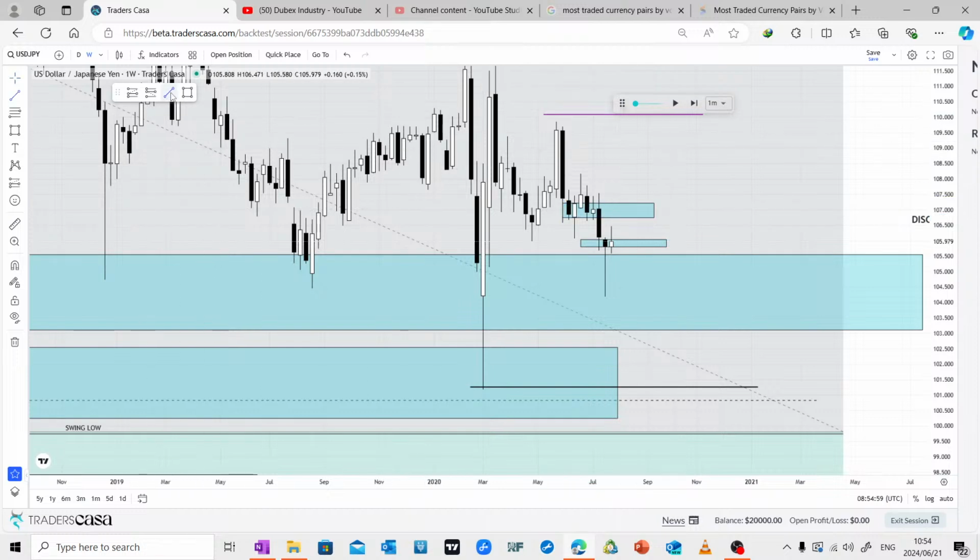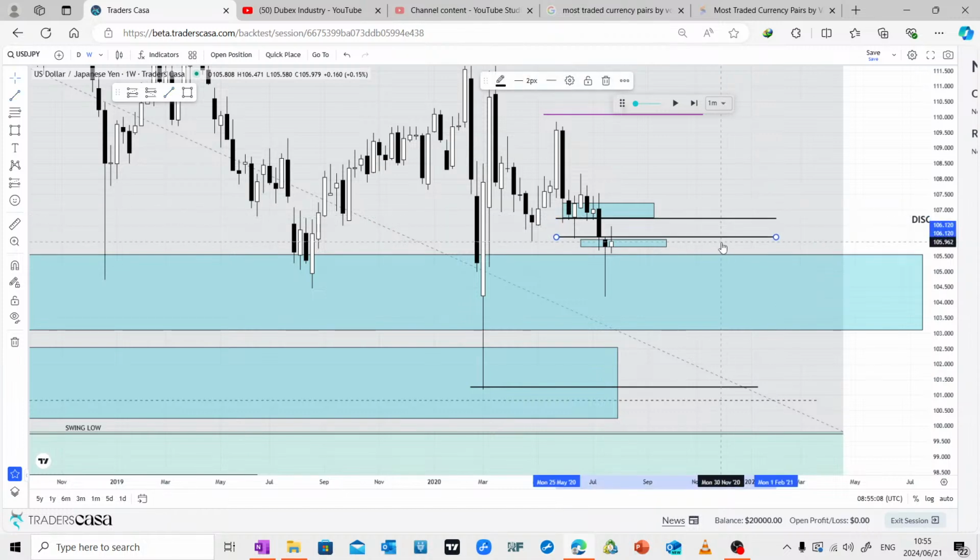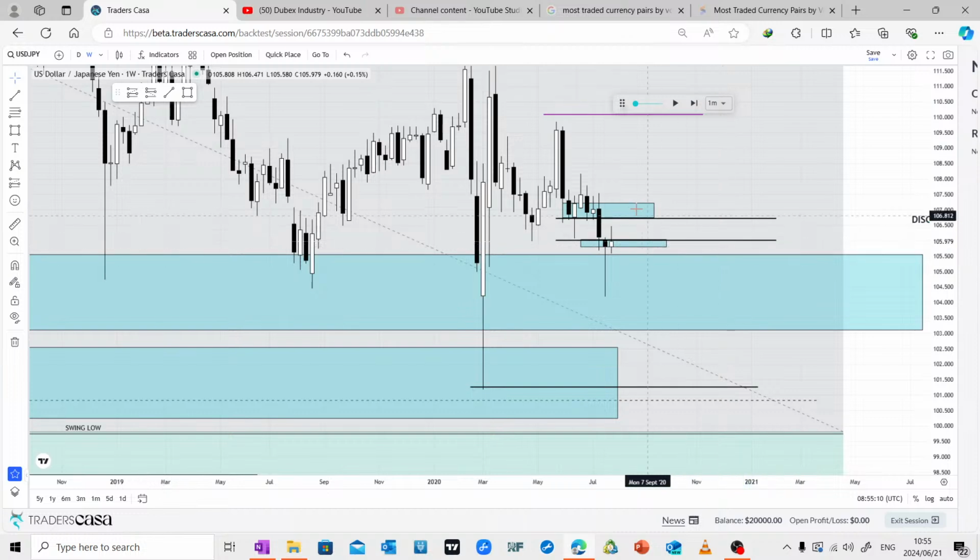So we're saying our range is then going to be this price action right in here. That's our range for the moment, right? So I'm going to delete that, and that's our range.